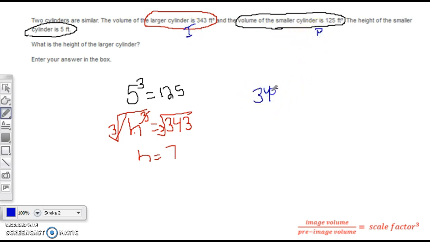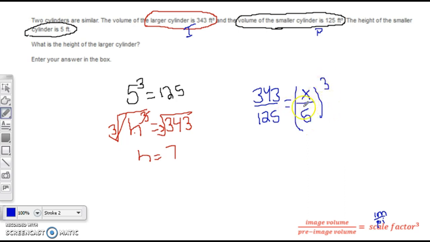I would do the image volume over the pre-image volume. And I would set that equal to the scale factor cubed, but I don't know the scale factor yet. And remember, the formula for scale factor was image over pre-image. So I'm going to have to take my image, which I don't know, my image height, and then set it over my pre-image height. And I have to cube that.